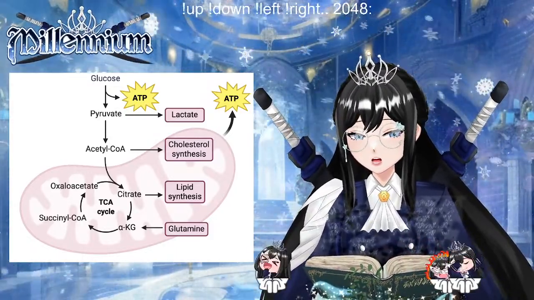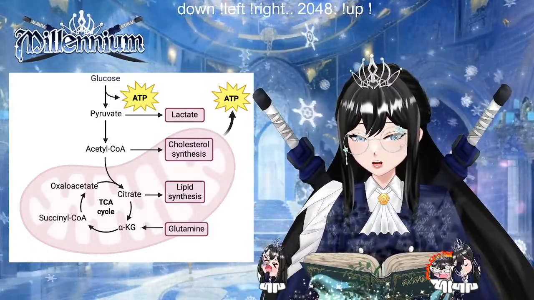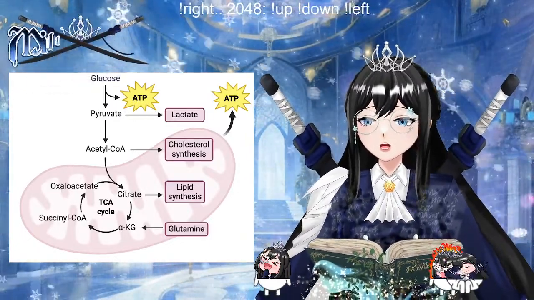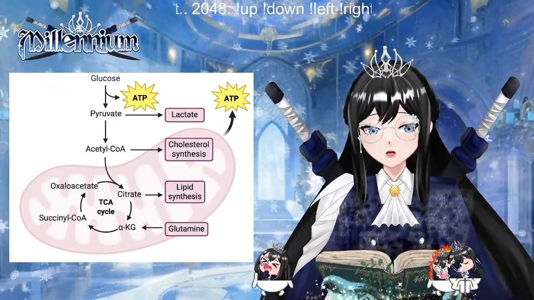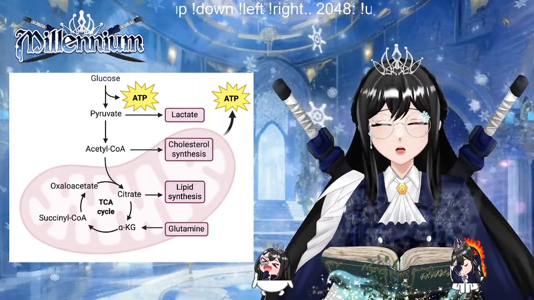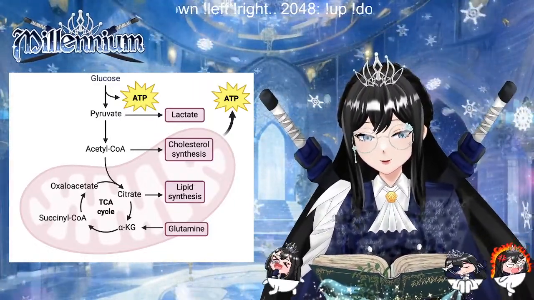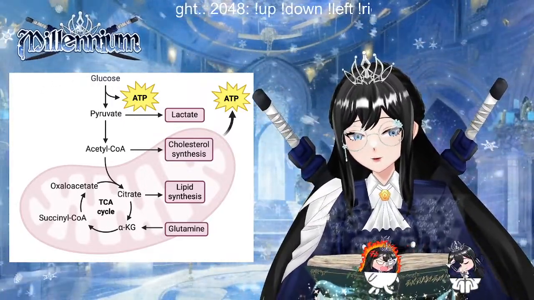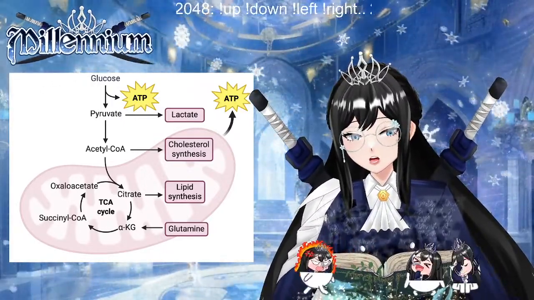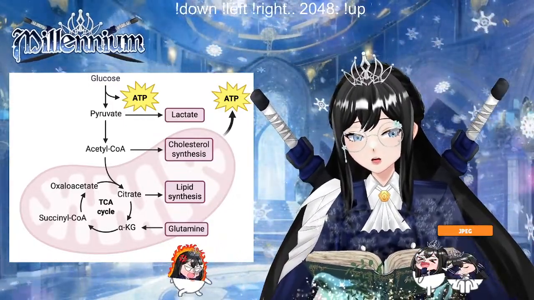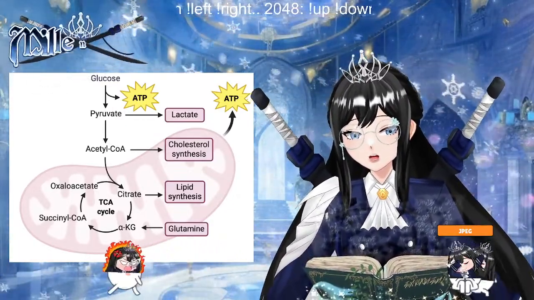Now, let's talk a little bit about PFK1, phosphofructokinase. It's a major regulatory enzyme in glycolysis that catalyzes the conversion of fructose 6-phosphate to fructose 1,6-bisphosphate. So F6P to F16BP. What is used there? It's PFK1.